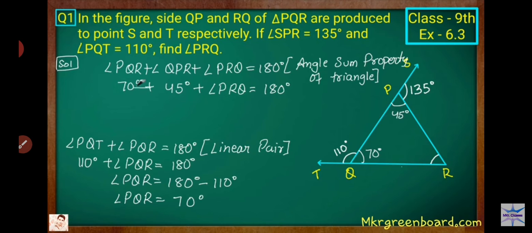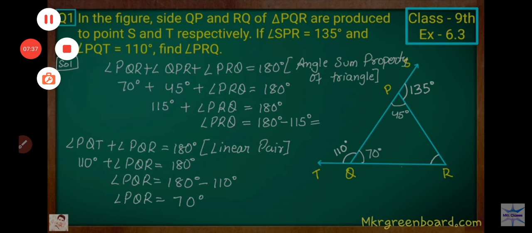Now add it: 115 plus PRQ is equal to 180 degrees. So angle PRQ is equal to 180 minus 115, because here it has a positive sign, so in the RHS it becomes negative. So your answer is 65 degrees.